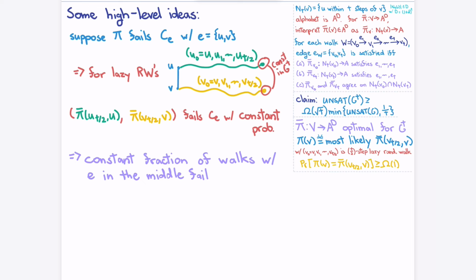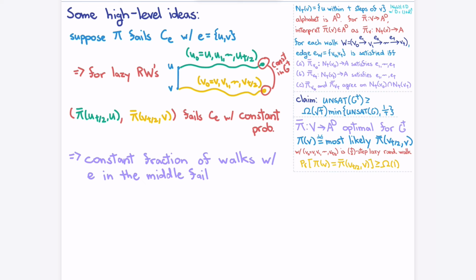What does that mean? Based on how these letters got picked, that means that if I took a random walk for T over 2 lazy steps in this direction, and I looked at what letter it gave me, and if I took a T over 2 step lazy random walk in the other direction and saw what letter it gave me, with constant probability, those 2 letters are going to fail this edge. Okay, but then what does that mean?